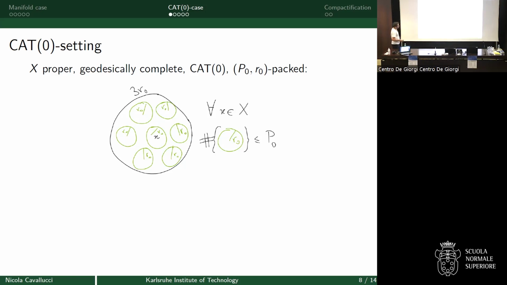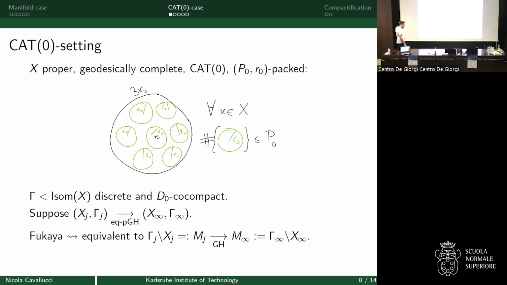It's a very weak replacement of a lower bound on the curvature, and now we have, as before, a discrete and co-compact group of isometries, and we are in the same situation as before. I would just want to say that if your sequence is packed, then you always have a subsequence that converges to something, and if your sequence converges to something, then there is a uniform packing.